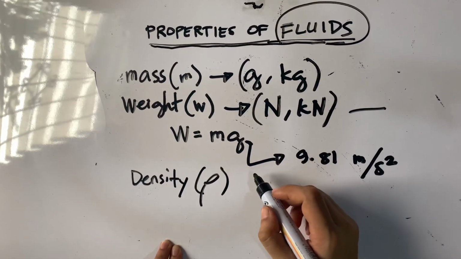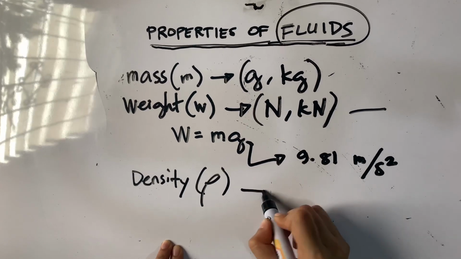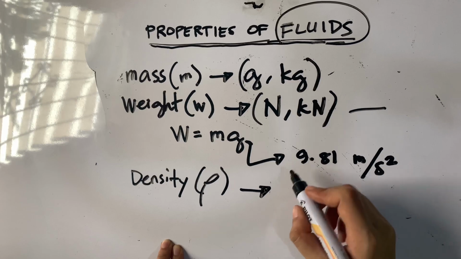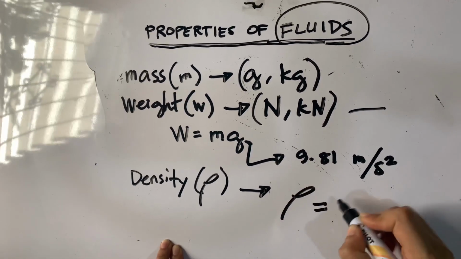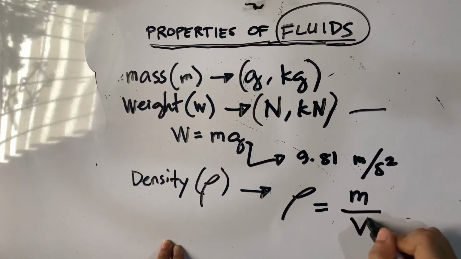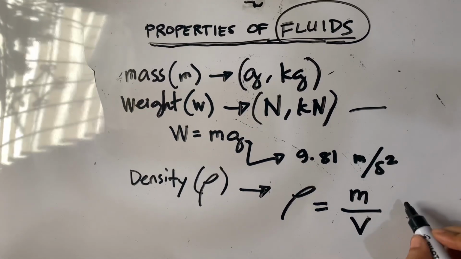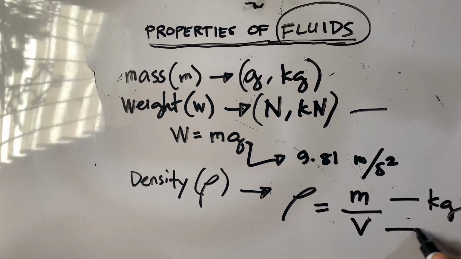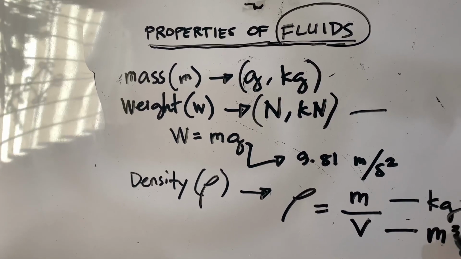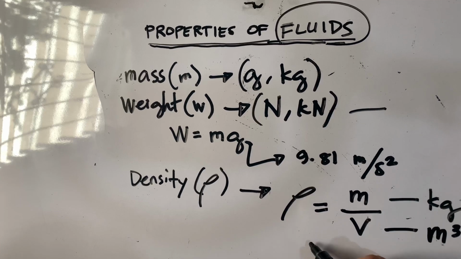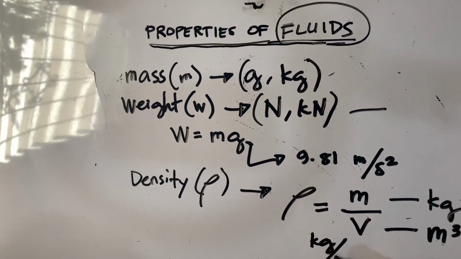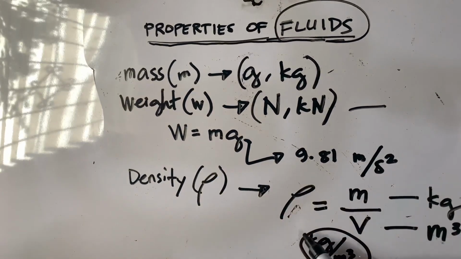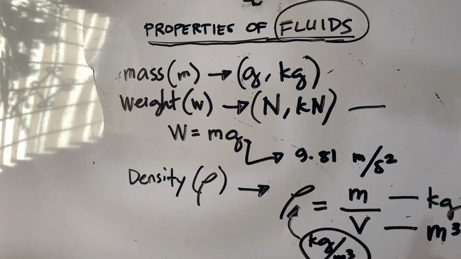How about density? Density is equal to mass per unit volume. We know that the unit for mass is kilograms and the unit for volume is cubic meter, so that would give us kilograms per cubic meter, and that will be the unit for density.